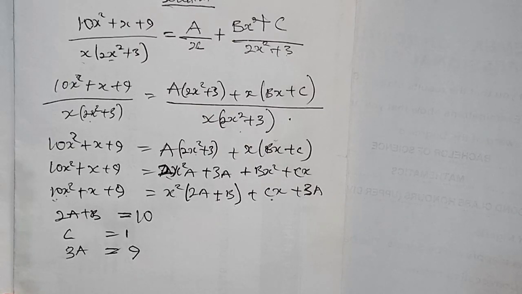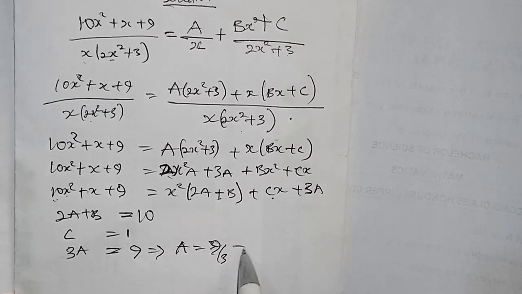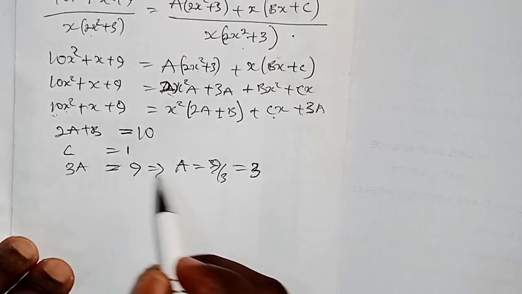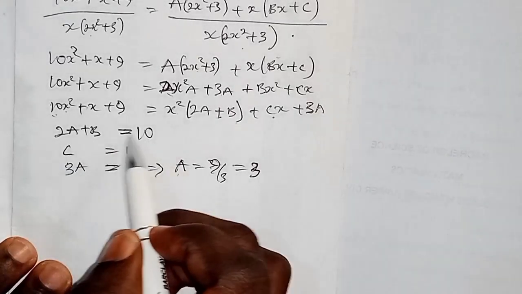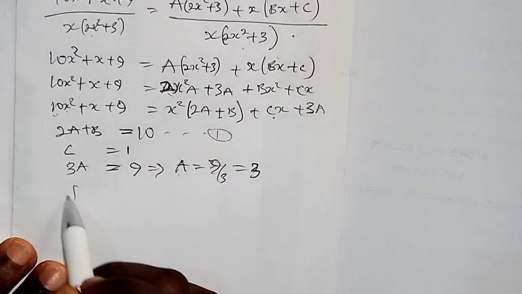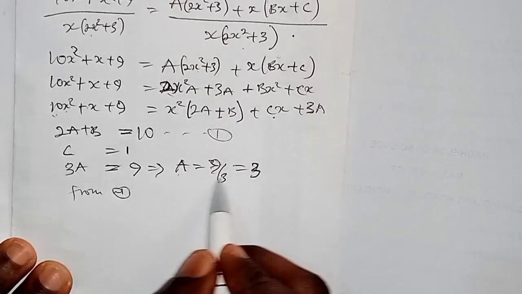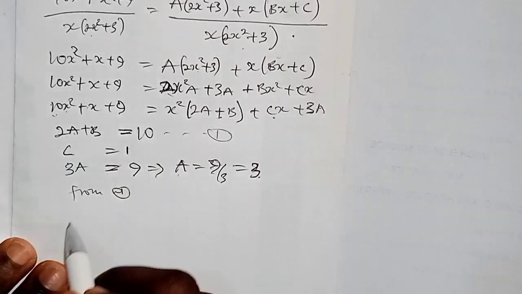So you can see from here that my a will be equal to 9 over 3, which is equal to 3. I've gotten my c and also my a. The next thing I want to find is b. If I call this equation 1, from equation 1 above, I can replace a with 3 so that I will be able to get my b.